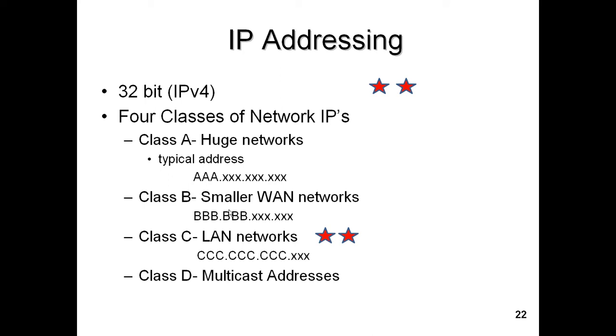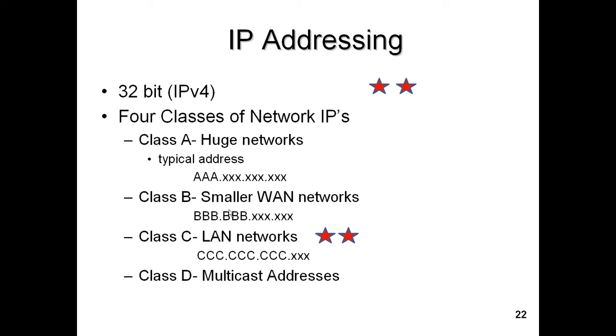We don't have to concern ourselves with them. What's a Class A network? A Class A network is where the first group stays the same, and then the last 3 octets are variable. That makes a huge network. A Class B network is for a smaller but still very large network, where the first 2 groups stay the same and the last 2 octets are variable.